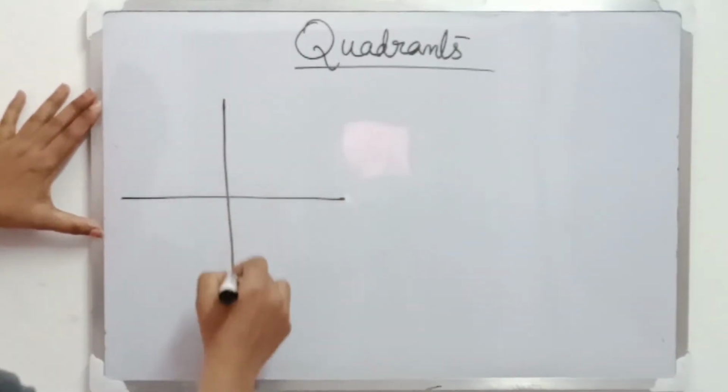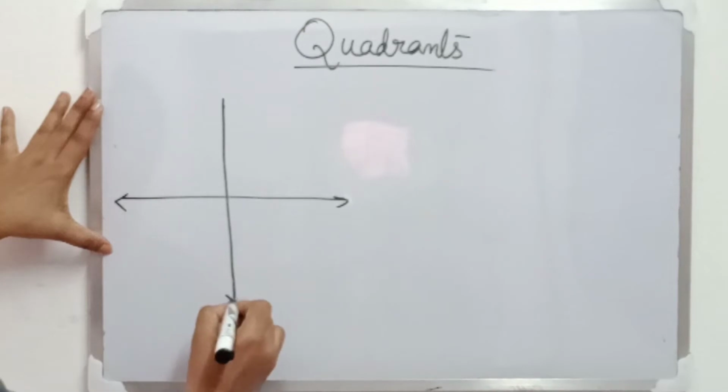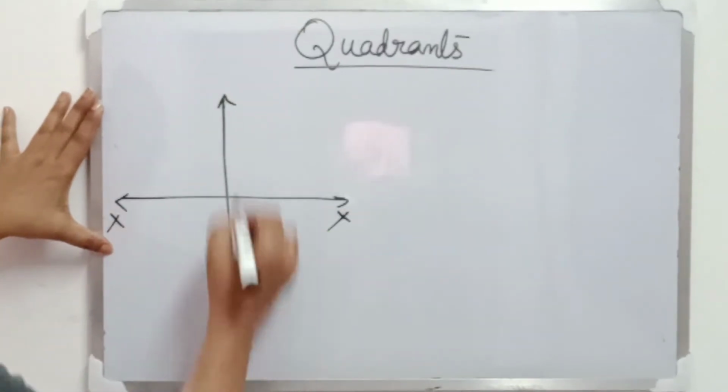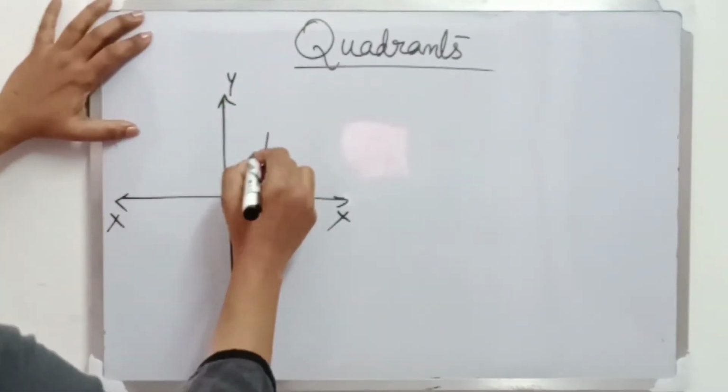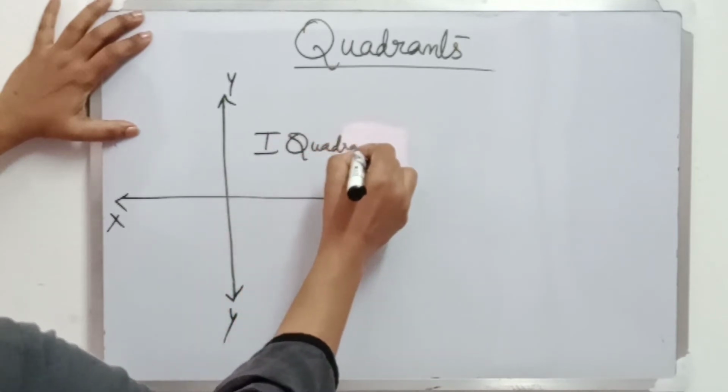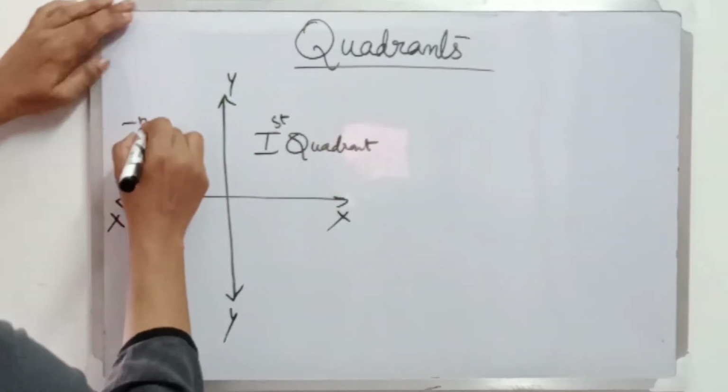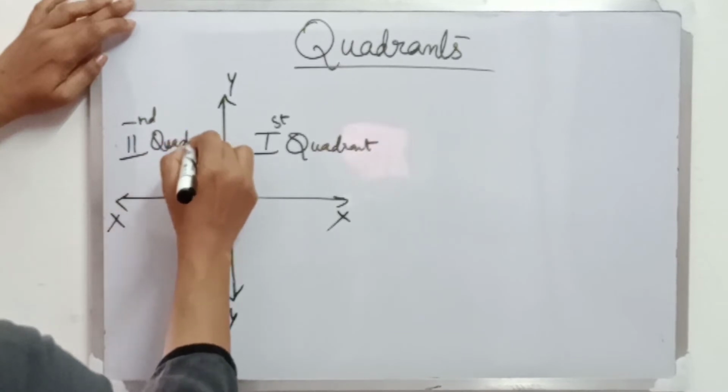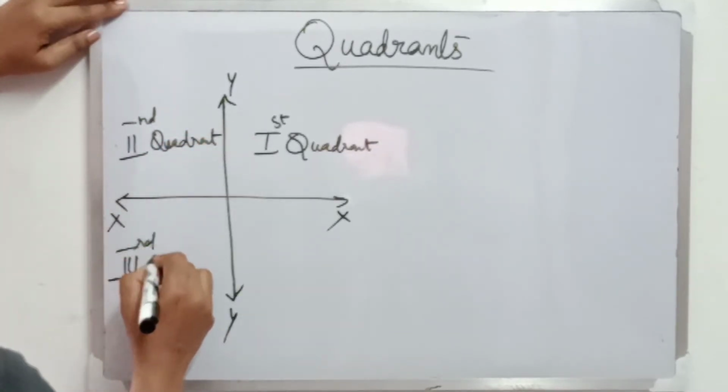Our next topic of interest is quadrants. In mathematics, generally, you draw quadrants like this, drawing the x-axis and y-axis and dividing the plane into 4 quadrants. That is, first quadrant, second quadrant, third quadrant, and fourth quadrant.